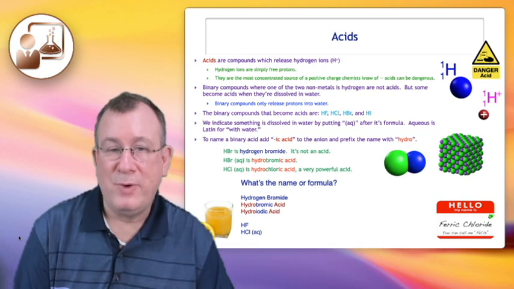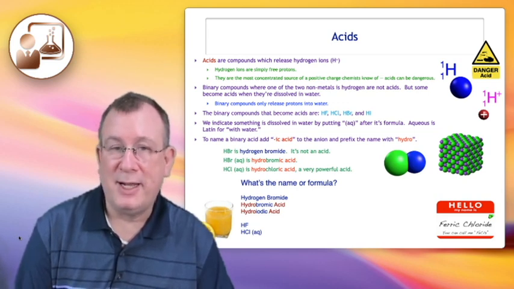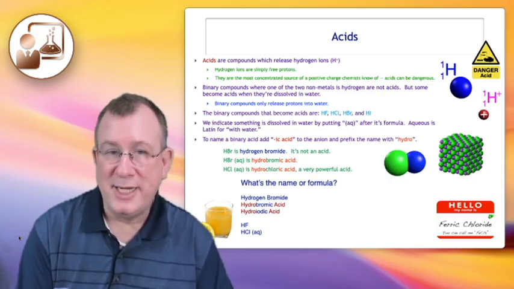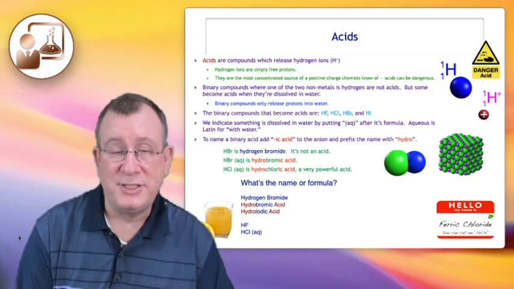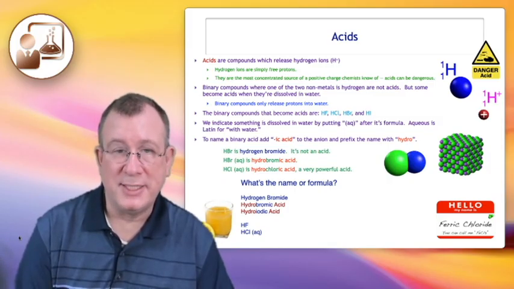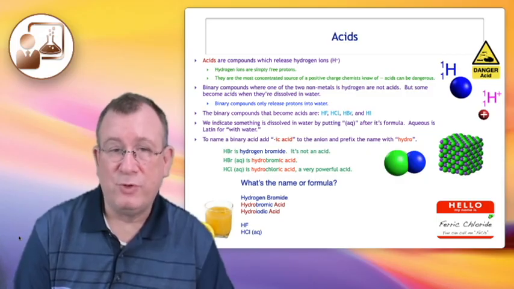The way we distinguish between HCl, the compound, and HCl, the hydrochloric acid, is we use the suffix AQ in parentheses to indicate it's in water, which now it becomes an acid. So if somebody asks you for the formula for hydrochloric acid, the formula is HCl, AQ in parentheses after.